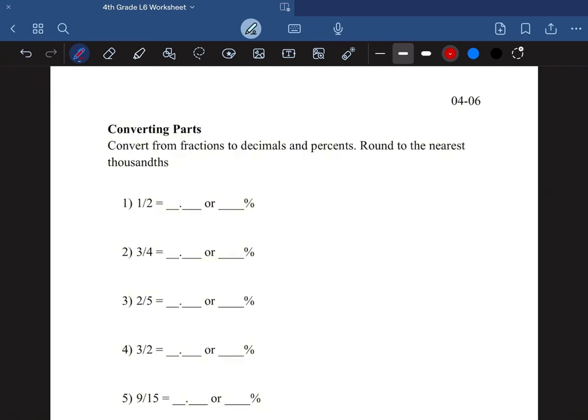Converting parts. Convert from fractions to decimals and percents. Round to the nearest thousandths. So number 1 is asking us to convert 1/2 into a decimal and a percentage. There are 2 methods for converting to a percentage, but I'm only going to use one for this problem, and then I'll use the other one for a different problem.